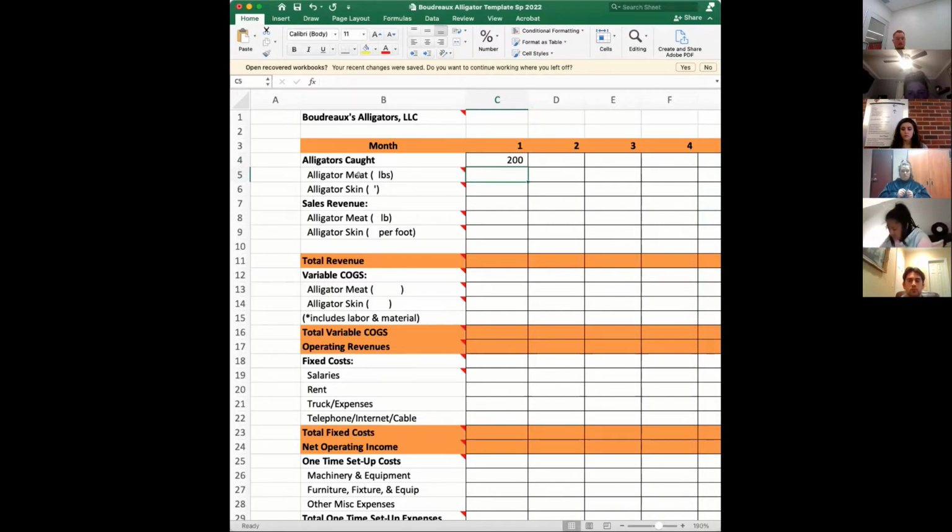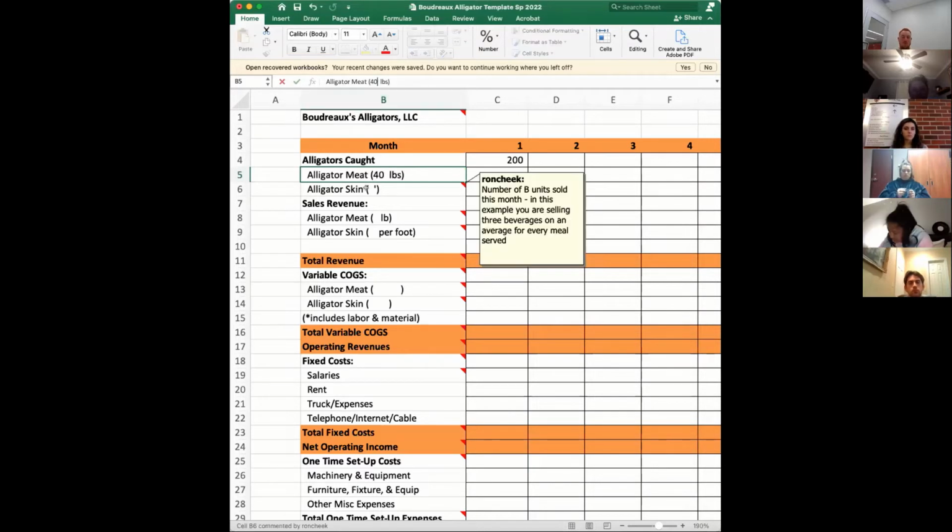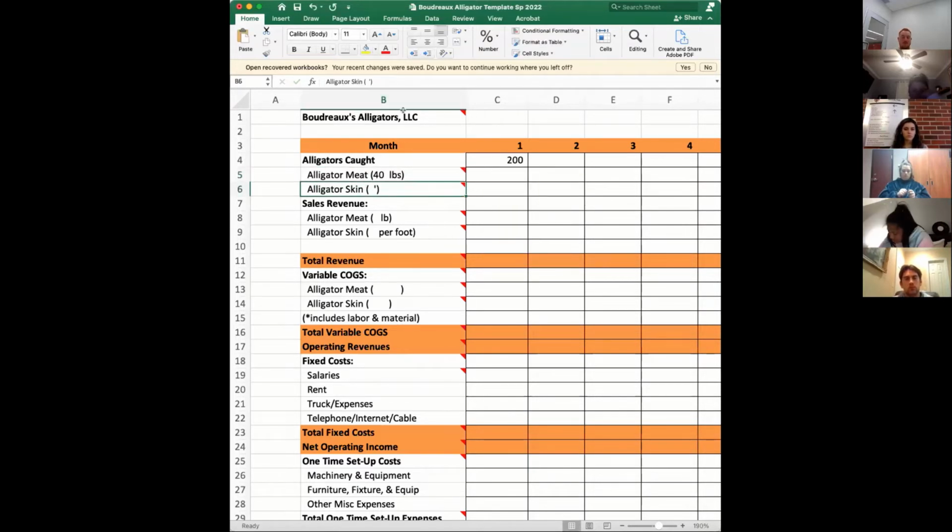What we know is alligator meat, number of units sold, this is an example of what you're selling. How much meat are we going to get from this? We're going to get 40 pounds per alligator. In skins, we're going to get 6 feet.